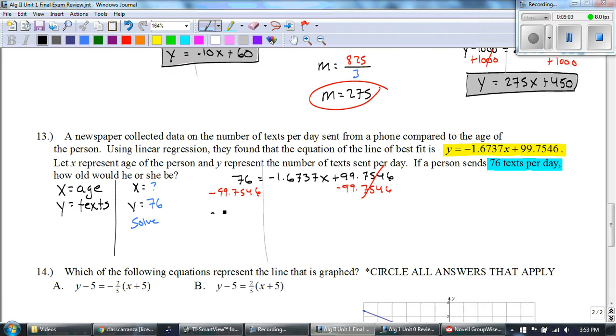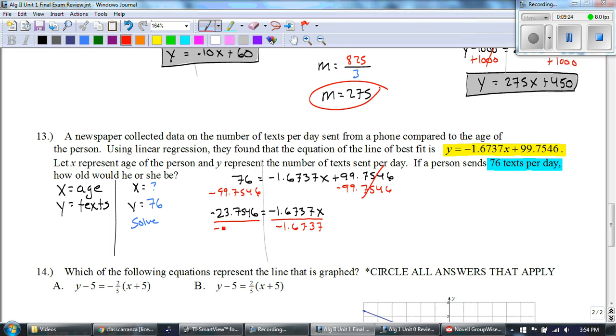So it's negative 23.7546 equals negative 1.6737x. I'm not done yet. I've got to get that x by itself.